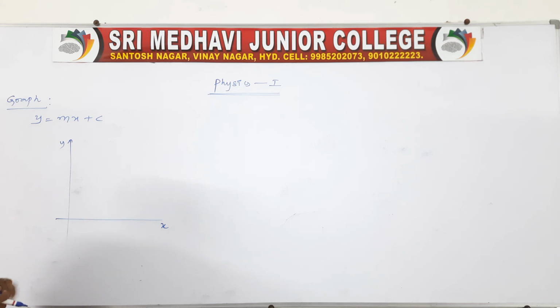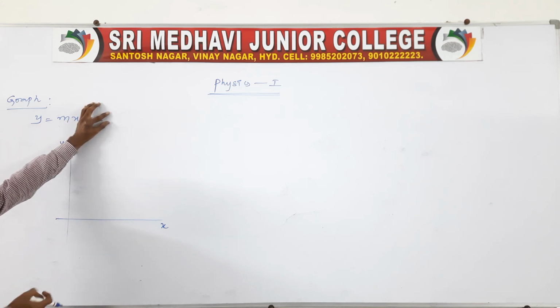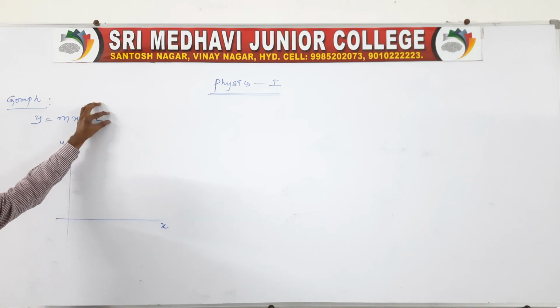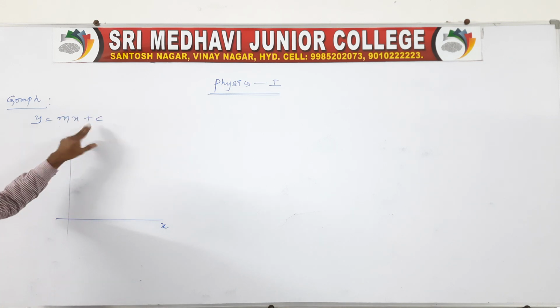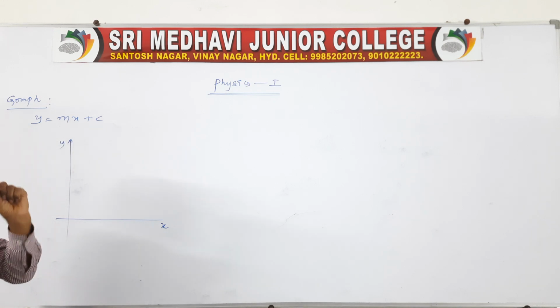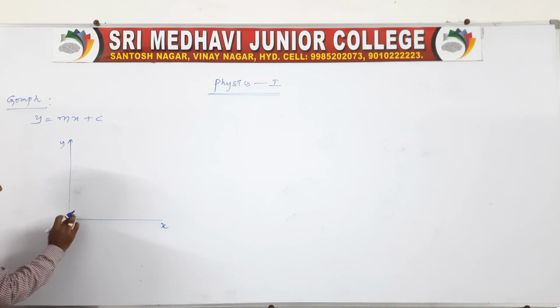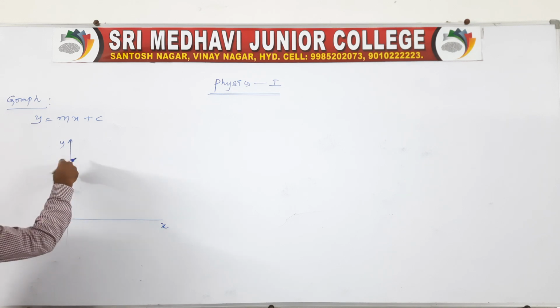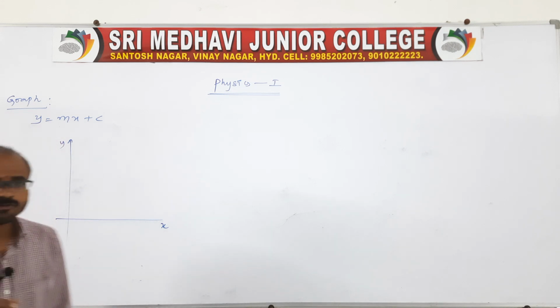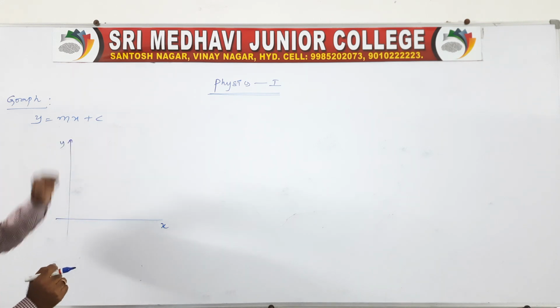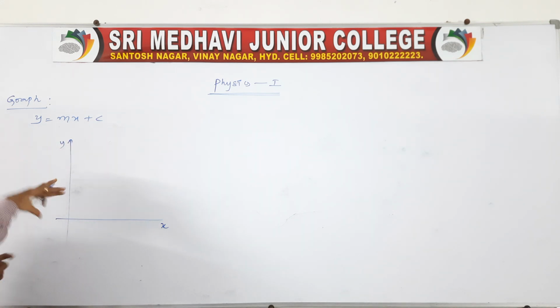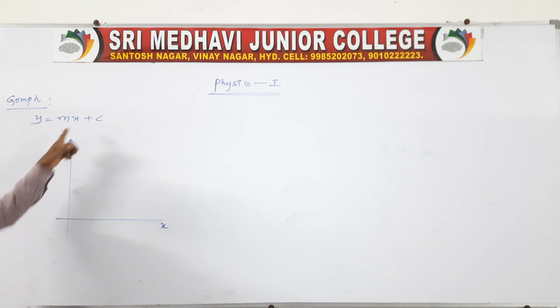You leave the origin, because if it is y = mx, no doubt it passes through the origin and represents the slope of the graph. But here c is there, so because of this c, there will be an intercept on the y-axis. Instead of the origin, it starts on the y-axis at some point. You leave the origin and take one point on the y-axis. That we call the y-intercept. It is plus, so it is taken on the positive y-axis.